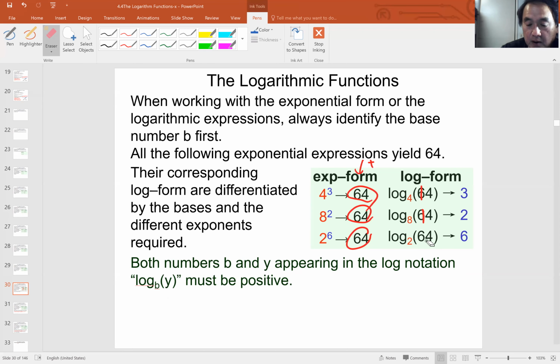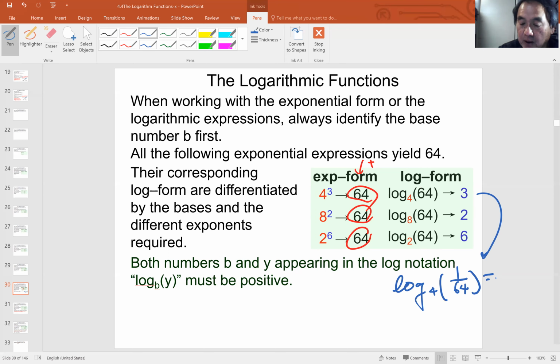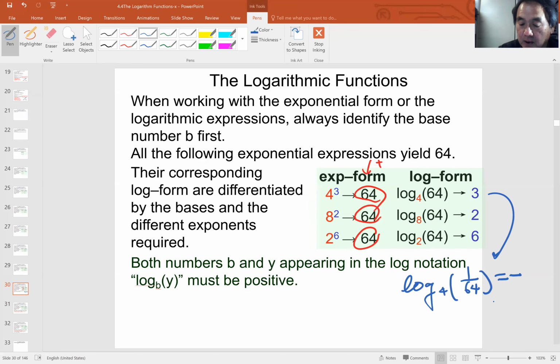For example, if I were to switch this problem to log and flip every one of them around, like log base 4 of 1/64, then the answer will be negative 3.